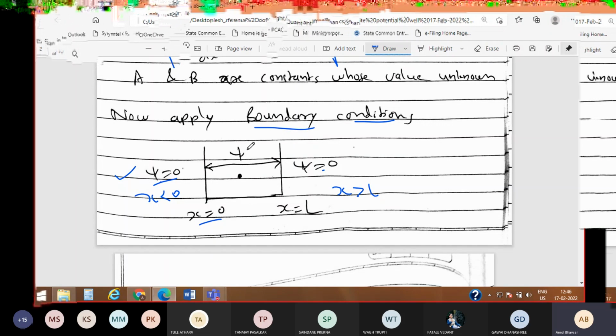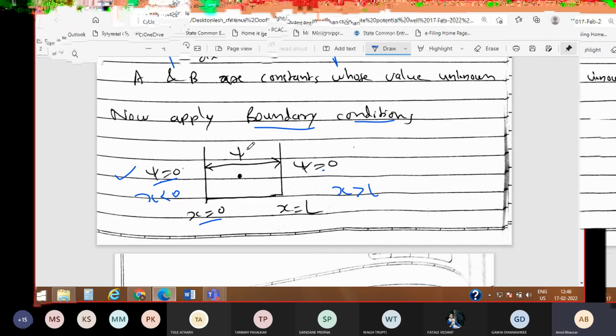That is psi n is equal to A into sine of n pi x upon L, n pi upon L into x. Put this 3a value, write A here. Put the value of 3a in the above equation. So my equation of the wave function becomes psi of x comma t is equal to A into, put this value of psi of x.